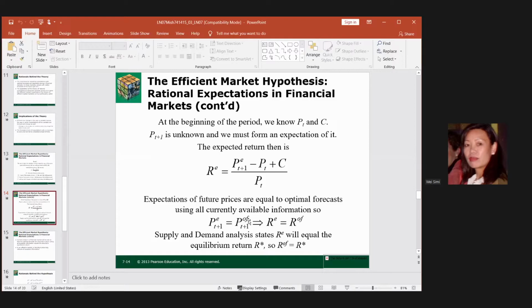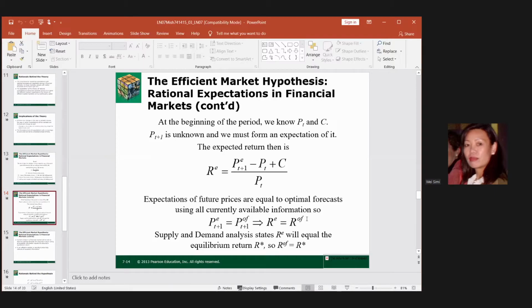What do we say? If the price you're selling at, say 1 month later, I expected it is 130, my optimal forecast gives me 130. That's why I expected 130. So that's why these are equal. So what we say is, if they're equal, then your expected return should be equal to your optimal return.